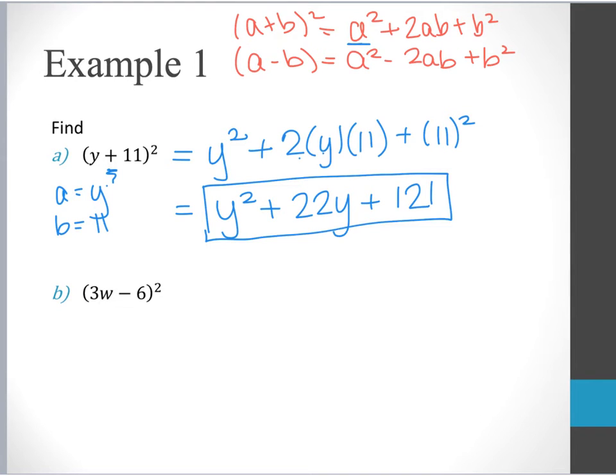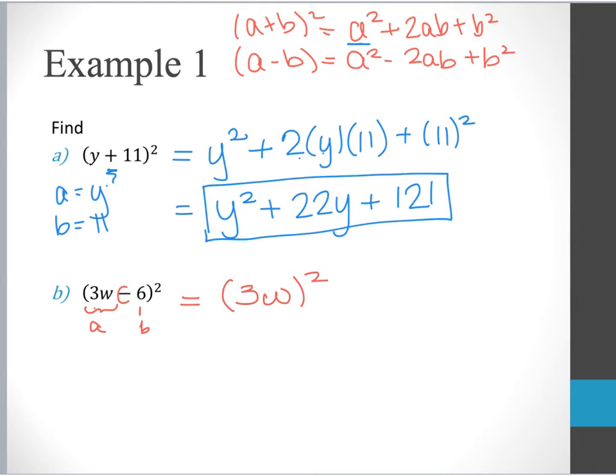Let's try to do the same thing for part B. So this 3w is going to be my a, and I have a -6, which is my b value. So when I go to apply the property listed above, it says take my first term and square it. So that's my 3w, and I'm going to square that.